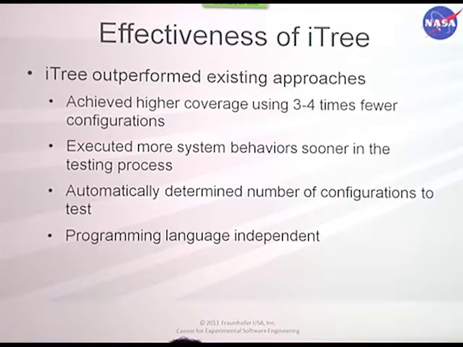And another added benefit, because of using this machine learning technique, iTree automatically detects when you have performed enough testing, whereas with the other approaches you have to kind of guess. iTree will automatically stop if you cannot find any more configuration interactions from the behavior. You can't distinguish any of the behaviors from a particular cluster anymore.